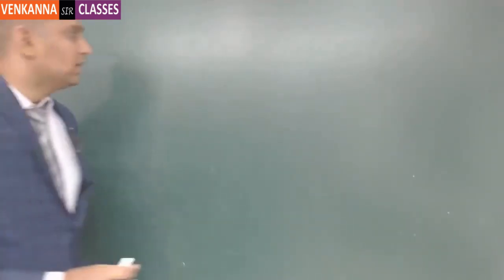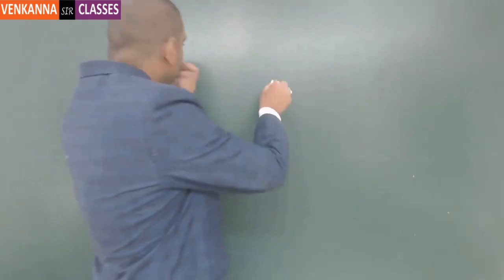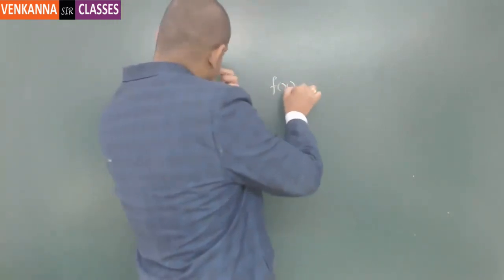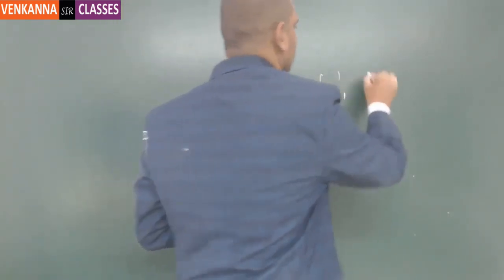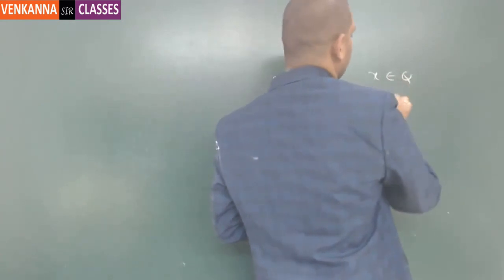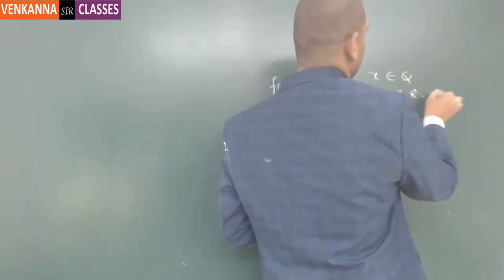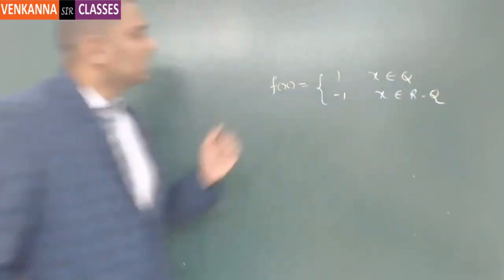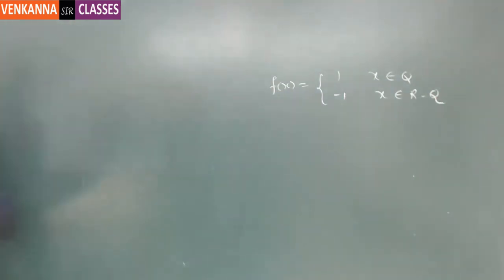Now let us have some small discussion. Earlier we did a problem, in the previous class we have done this problem. Say yes or no. And it is not Riemann integrable, right?